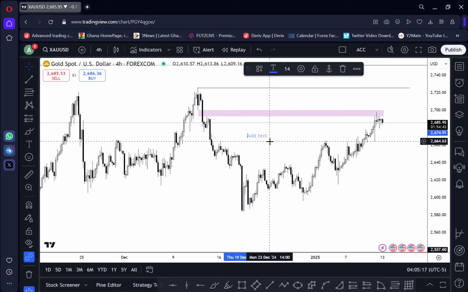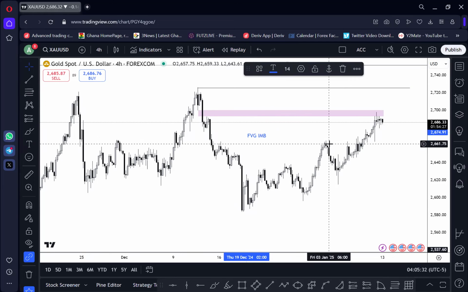We'll look at what fair value gaps are, or FVGs. This is the full name: fair value gaps. Or imbalances, which are represented with IMB.